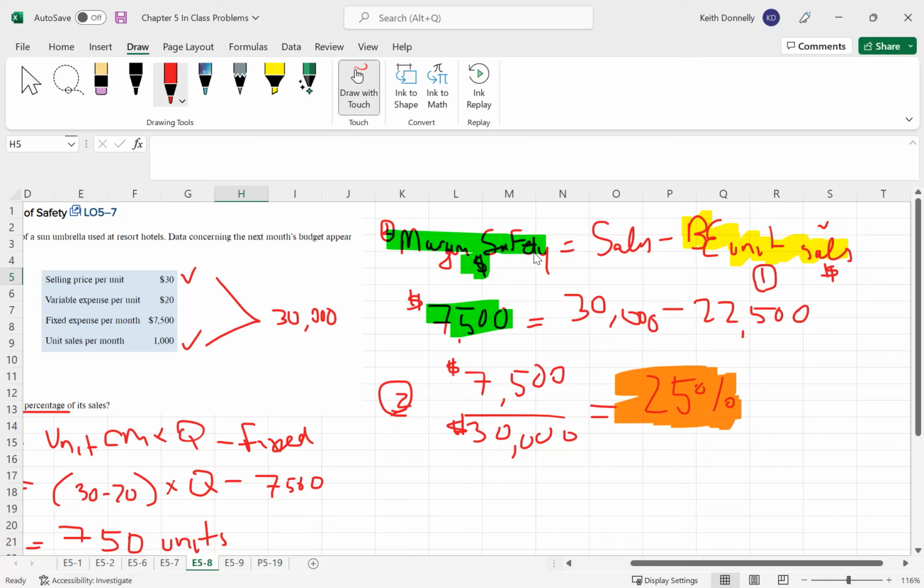In cost volume profit specifically, we're trying to estimate how our profits are affected by a change in selling price, a change in volume, a change in variable and fixed costs, as well as the mix of the different products we sell. If we start changing things, how does this affect our profit? That's the idea of cost volume profit and where they're going in this chapter.